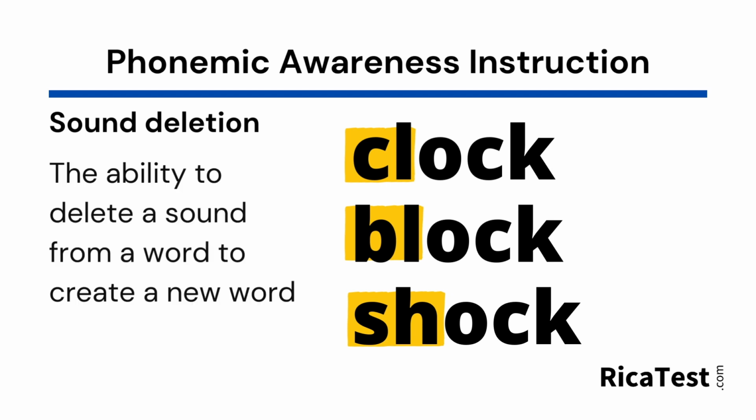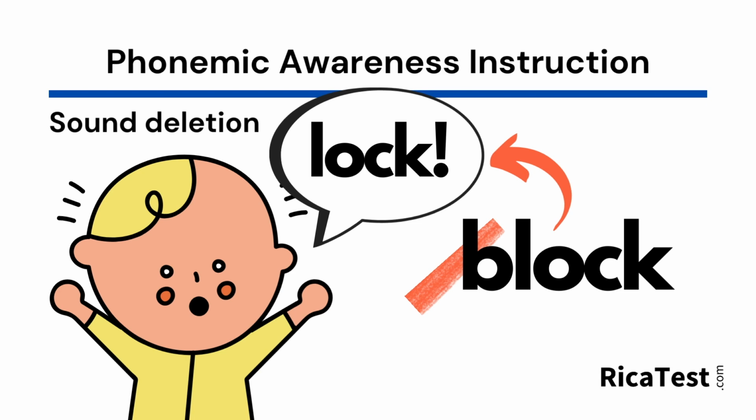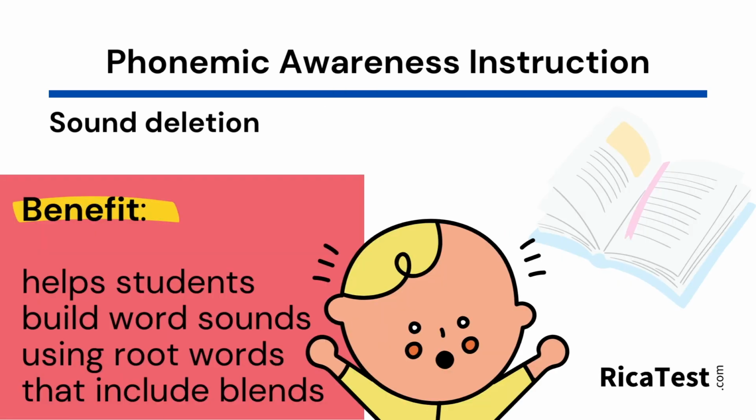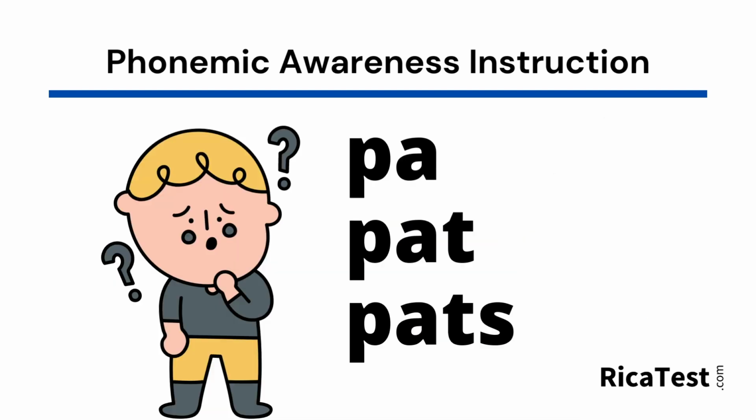Sound deletion is the ability to delete a sound from a word to create a new word. And this is when the teacher asks the student to take away the first letter of a word and say what the new word makes. Block becomes lock. Sound deletion helps students build word sounds using root words that include blends.